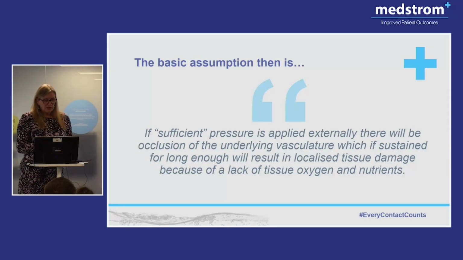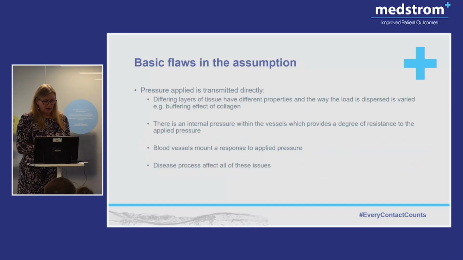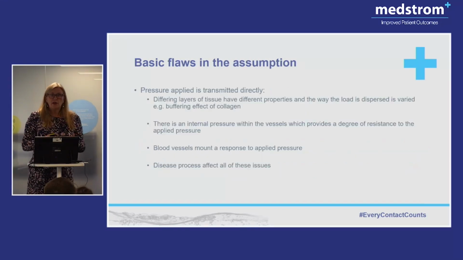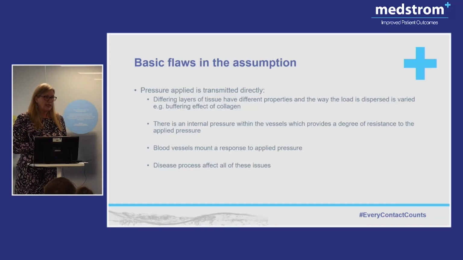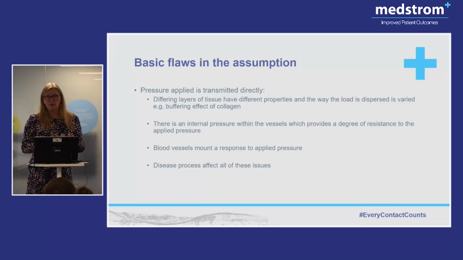But there are some basic flaws in that assumption. And the flaws are multiple. We assume that if you put a pressure on the surface, it's applied directly in a straight line through to the bone. But we know it doesn't happen that way. Different tissue types have different properties. The skin is really strong. It's very resistant actually to direct pressure.